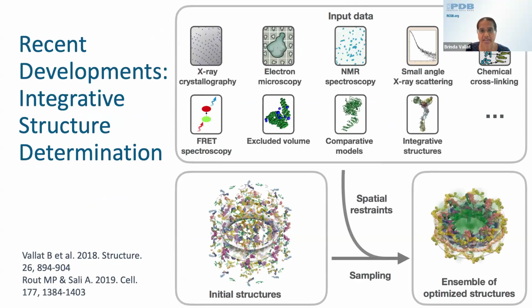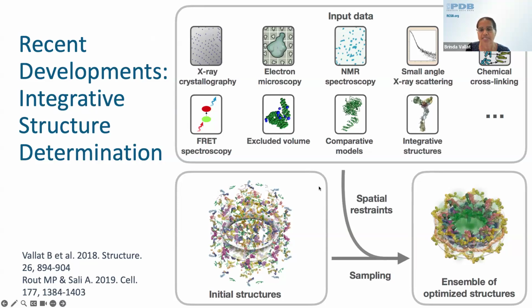Recently, structures of many macromolecular assemblies have been determined using integrative modeling methods. Integrative structure determination is an innovative approach to modeling the structures of biological systems based on data produced by multiple experimental and theoretical methods. It is typically used for modeling structures of complex macromolecular assemblies that are not amenable to traditional methods of structure determination.